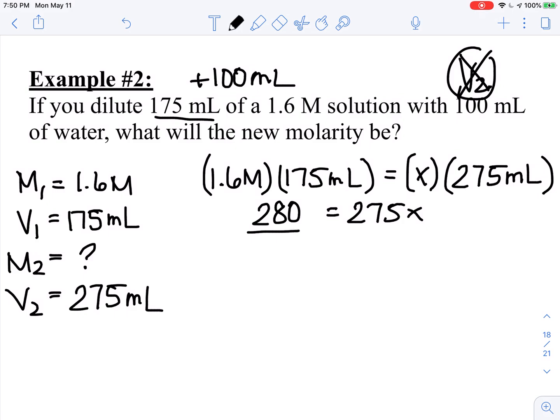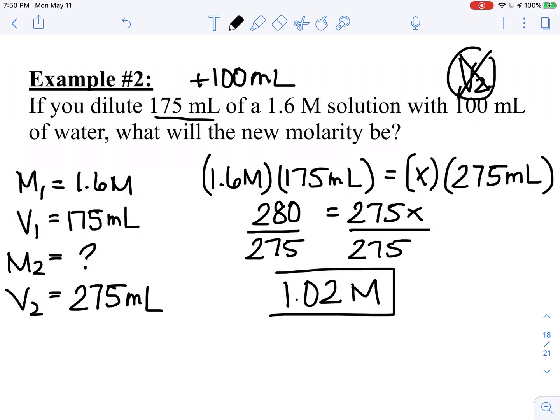Do the inverse operation, which is dividing by 275. 280 divided by 275 is 1.02 when you round, I think. Let me plug that in my calculator one more time. Yep, 1.02, and that is a molarity, and so the units that we use are capital M. And that one we're actually done because it's the final molarity.